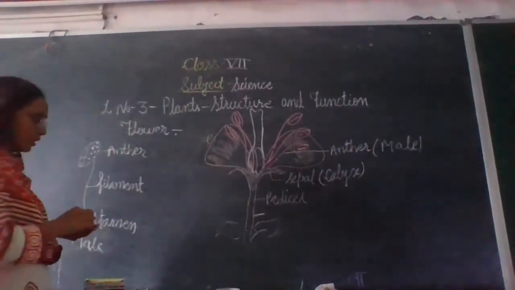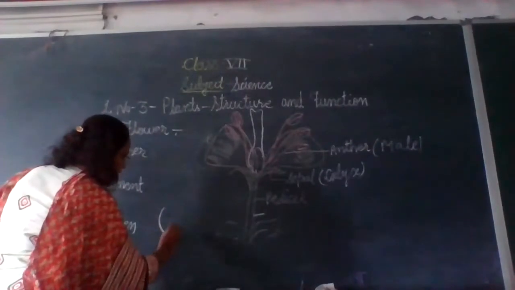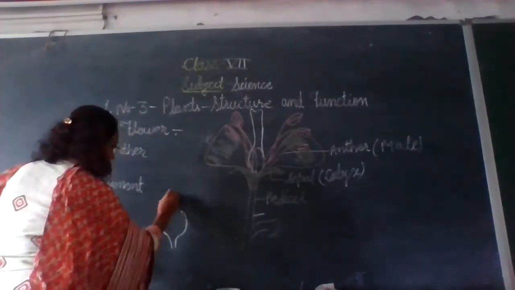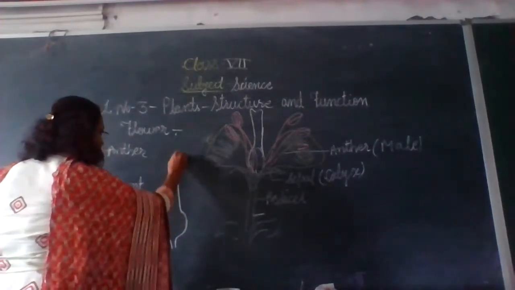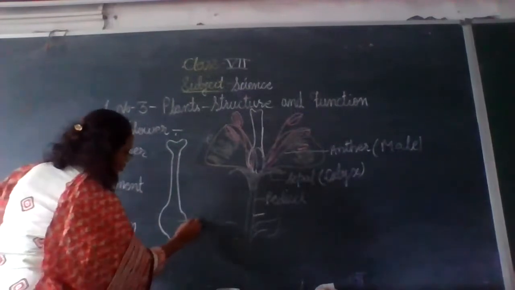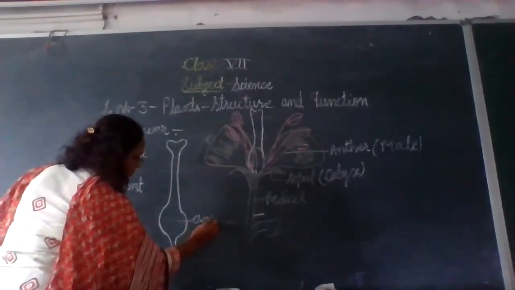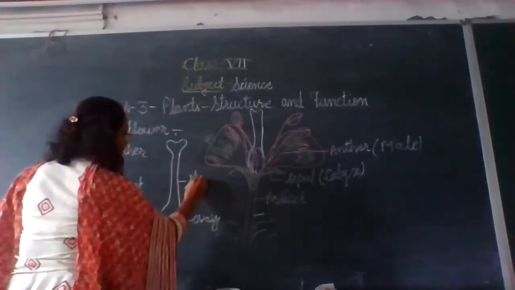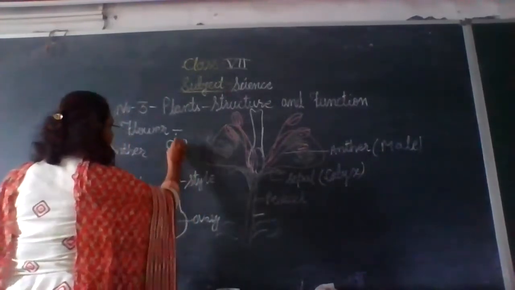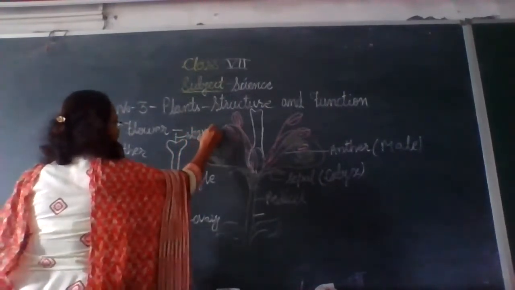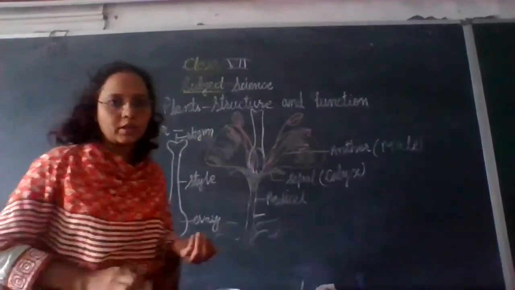Then see the structure of the ovary. Your ovary is at the base, with a long style and a sticky stigma. This is the ovary, then the style, and here is the stigma. Understood, children?